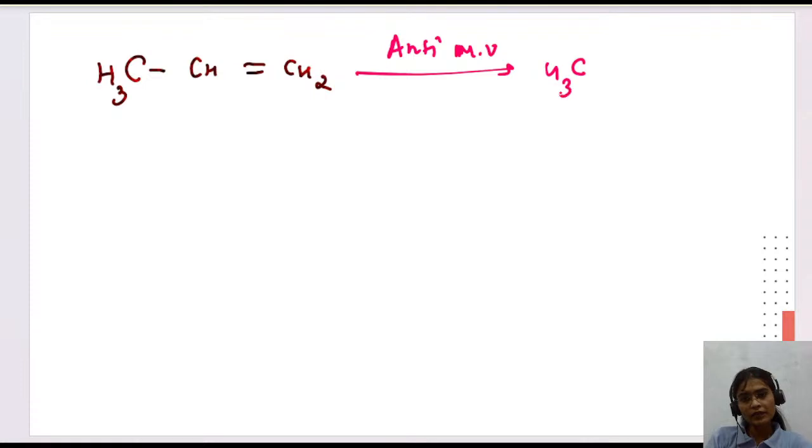You will have CH3, CH2 and this OH group connected here. This is simply what we want. This is the meaning of anti-Markovnikov addition.